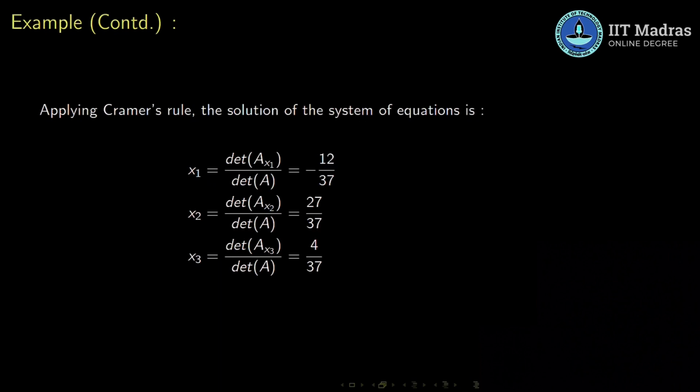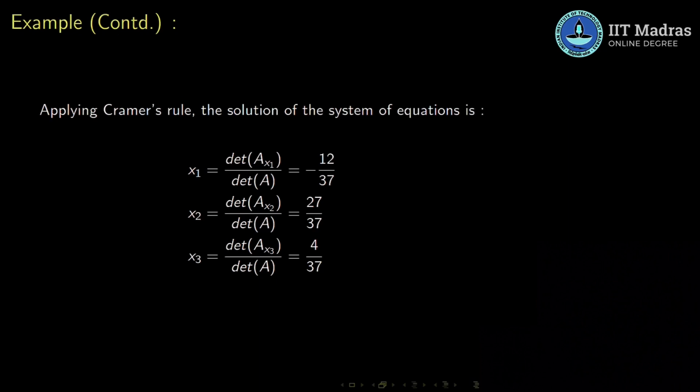I will encourage you to substitute these x1, x2, x3 and check that indeed this is the solution, and you can use the usual method of solving equations to check this too.